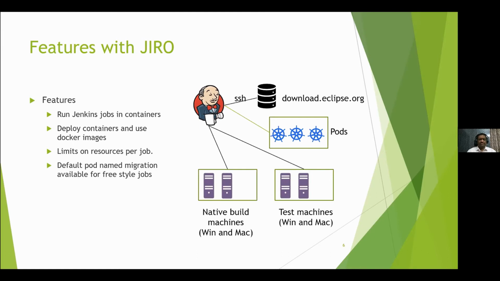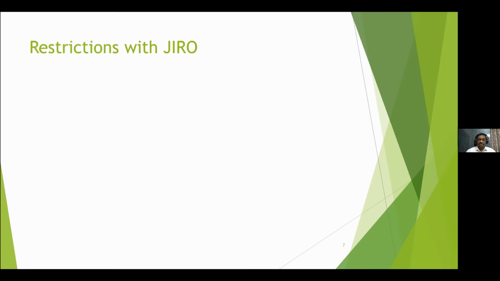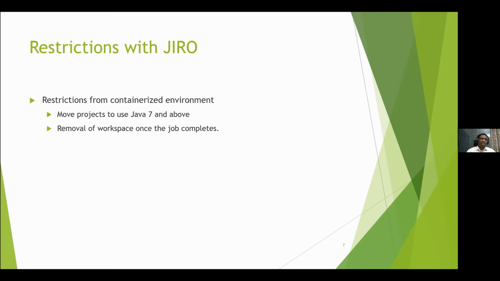Now this also came with some restrictions. First one, when you are moving to a containerized environment, Java 7 and above is optimized for containerized environments. So our required bundle execution environment has to be moved to Java 7 and above.